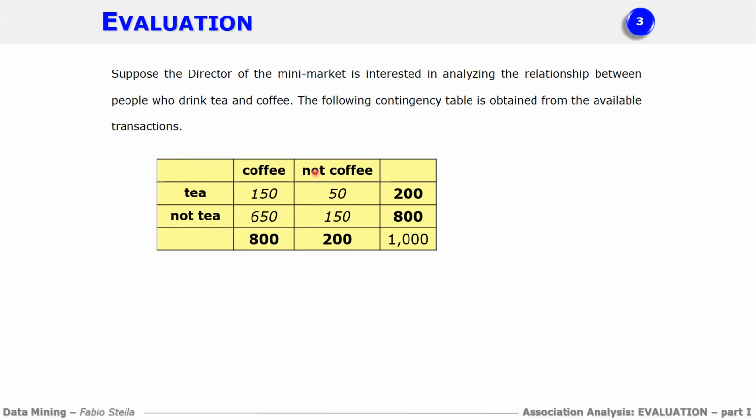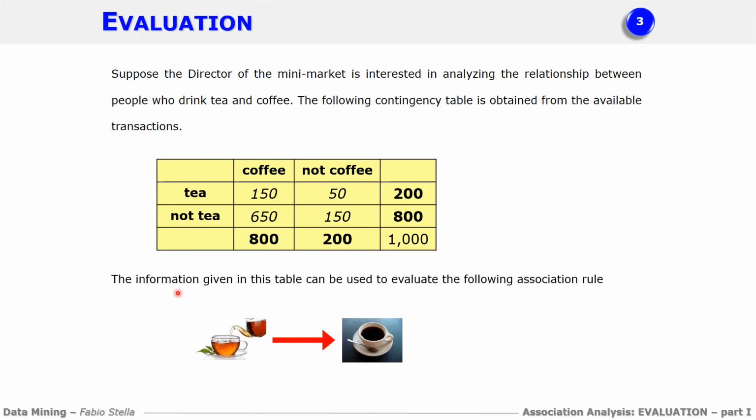We can read from the counts of this contingency table the following facts. First, we have that 150 transactions of the 1000 forming the transaction database are such that the items tea and coffee co-occurred, while we have 50 transactions where the item tea was included while the item coffee was not included.